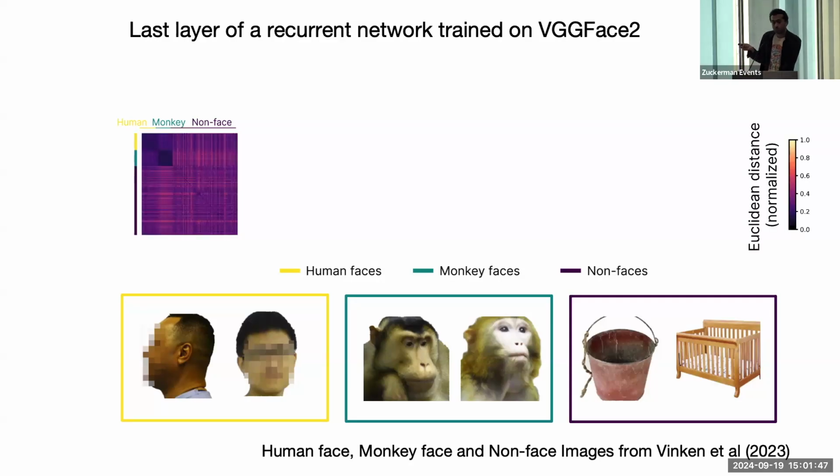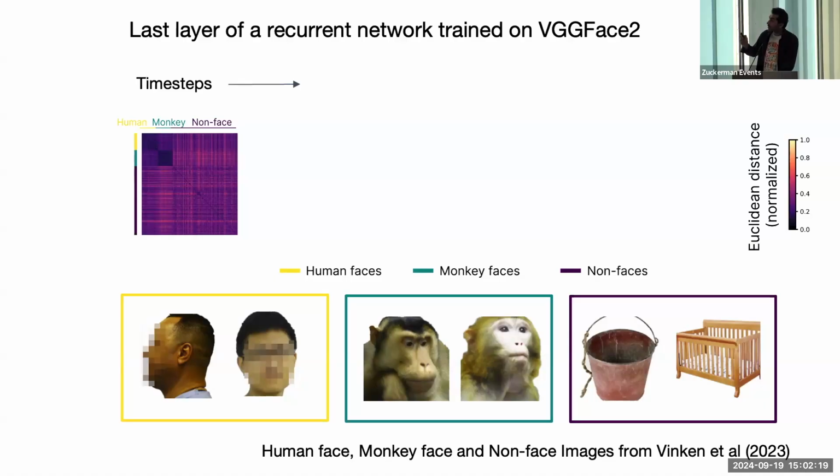And we can now draw what we call a representational similarity matrix or representational dissimilarity matrix. What you see here is that each grid point is the Euclidean distance between the representations of those objects, with the same object for the row and the column. So you would expect, for example, that the human faces are similar to each other, monkey faces also similar to human, but they're different from the non-faces.